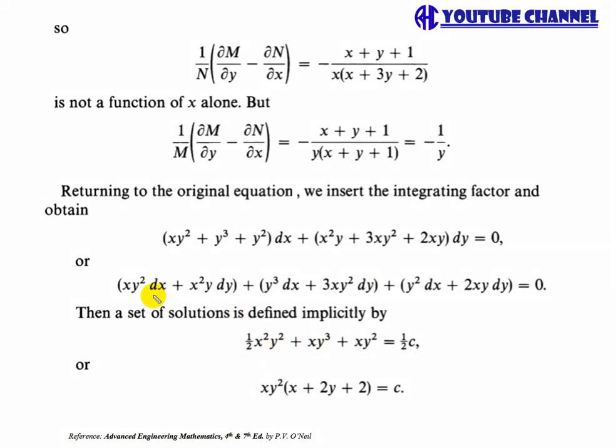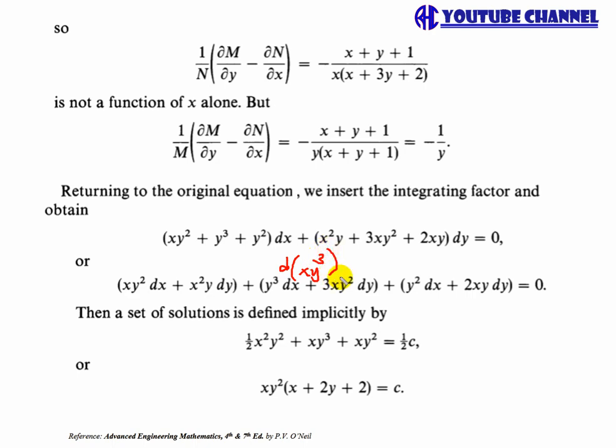Ang derivative of this is 1/2 x squared y squared. Tapos, kung mapapansin natin, yung y squared dy, tapos 3 na yan, that is the derivative of y cubed. Tapos, yung dx, the derivative of x. So, pwede ko sabihin na that is the derivative of x y cubed.